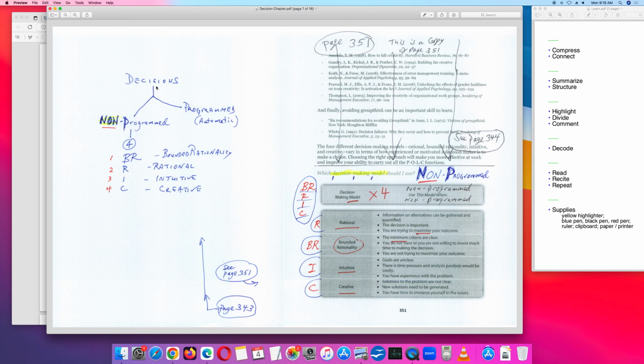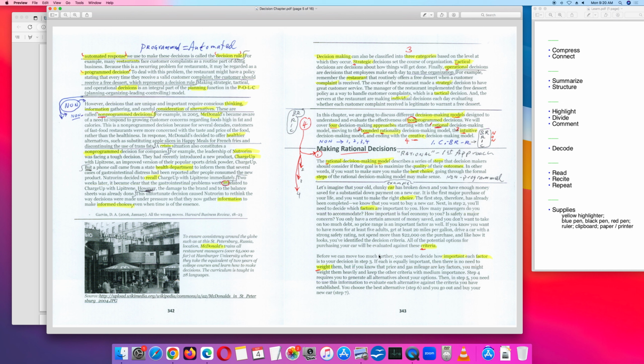And remember this: decisions, non-programmed, BRIC. Bounded rationality, rational, intuitive, creative. You refer to a diagram several pages ahead, 351. Going back to page 343, this small little paragraph here was very key in understanding the structure of this chapter. So we're talking about non-programmed decisions.